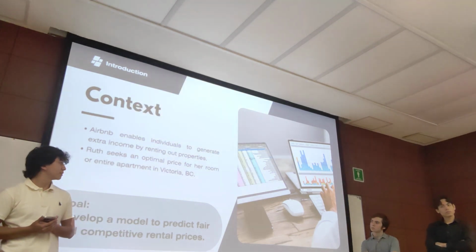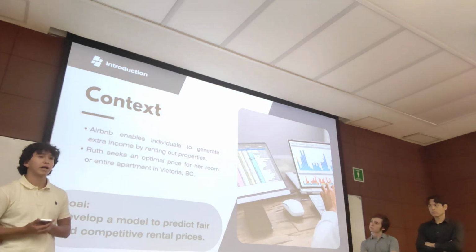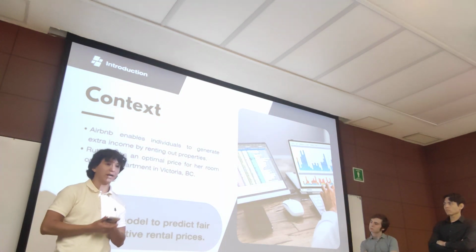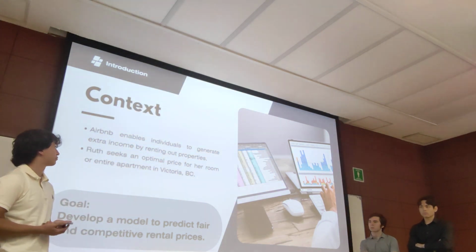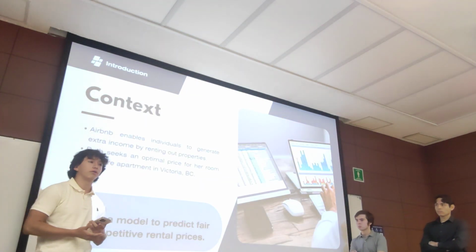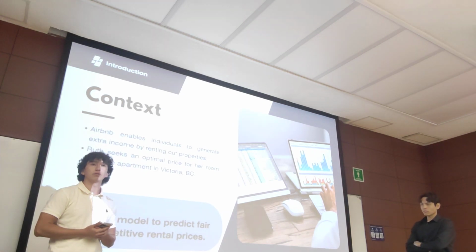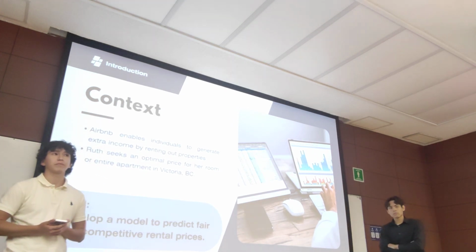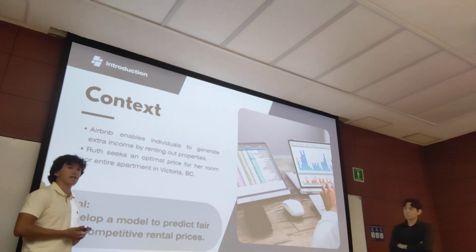And it's important to say that this apartment has a prime location near Baker Park that is an attractive option for other travelers. So the goal of our project is to help Ruth determine a price for her apartment using the data insights.